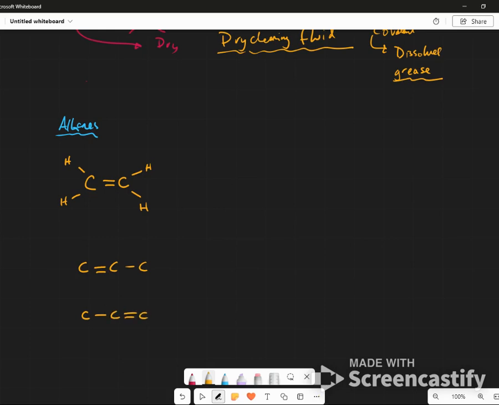Or I can put the double bond here. Now, believe it or not, the recording's going to stop in a second. Don't worry, I'll start another recording. But believe it or not, we can have the double bond there or the double bond there.